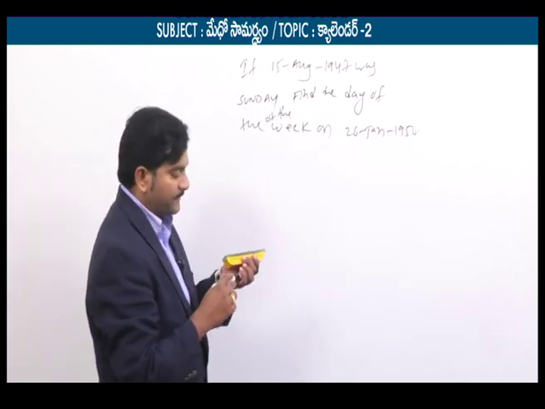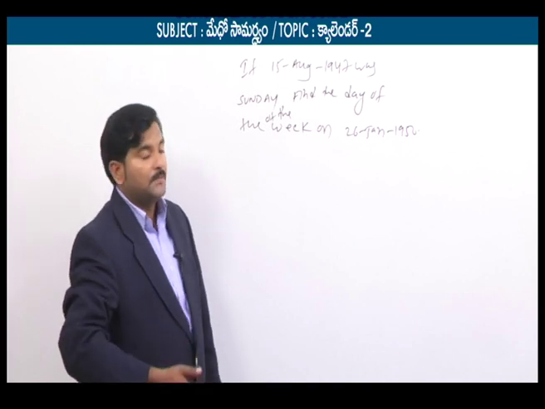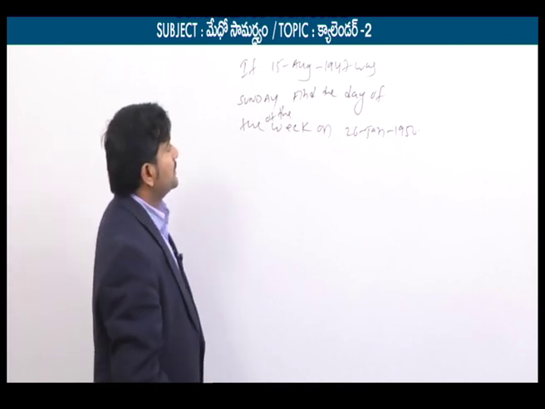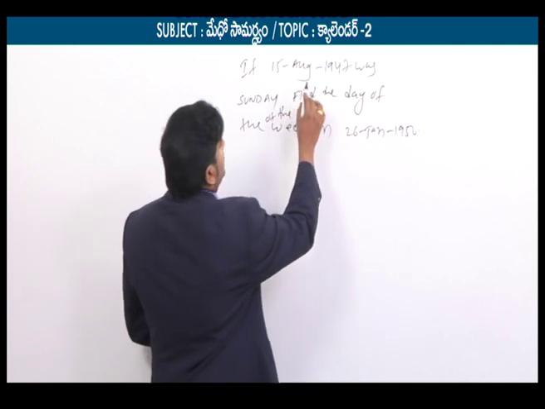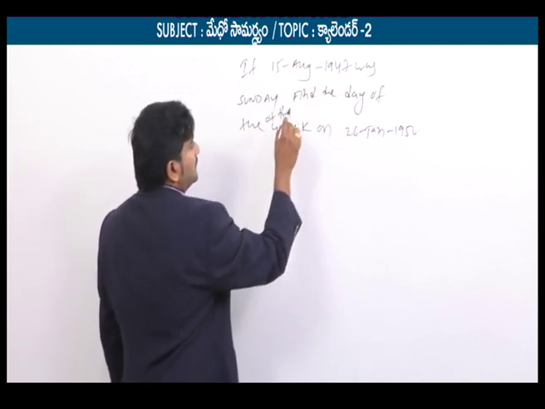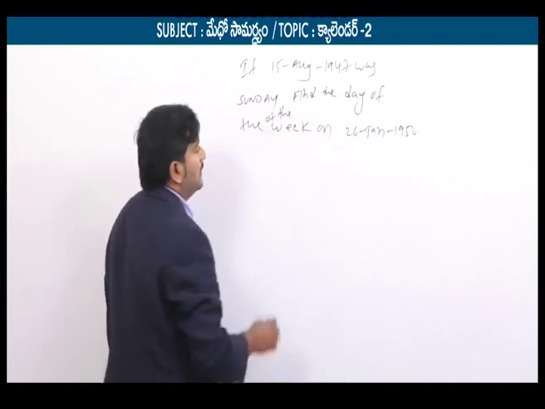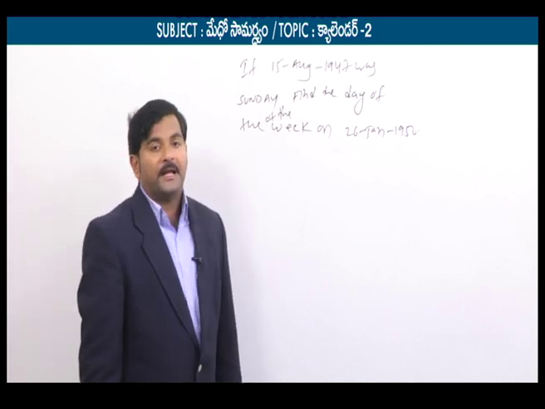Same type of question in that model. The question is: if 15th August 1947 was Sunday, then find the day of the week on 26th January 1950.